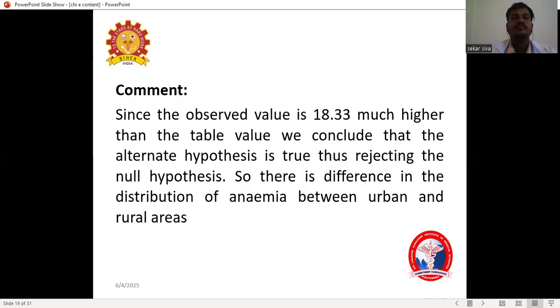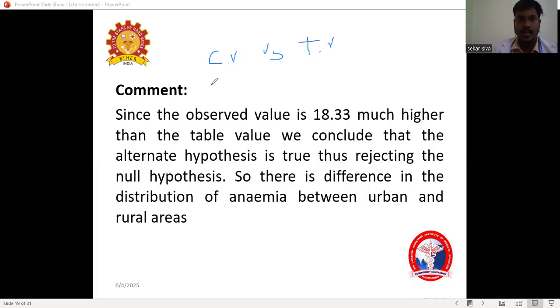So, you know the two values here. One is the observed chi-square value, and the comment is based on calculated value versus table value.